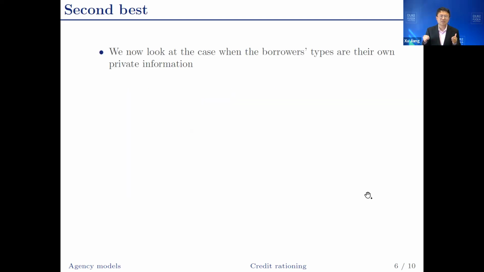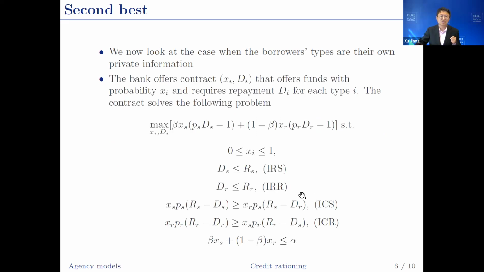Now let's look at second best, the case when the borrowers' types are their own private information. In this case, the bank has to offer contracts that are incentive compatible, as we discussed in the previous lesson. In this case, the bank offers funding with probability xi and requires a face value of di. So the contract is specified by xi and di. And the contract solves the problem to maximize the bank's expected payoff.